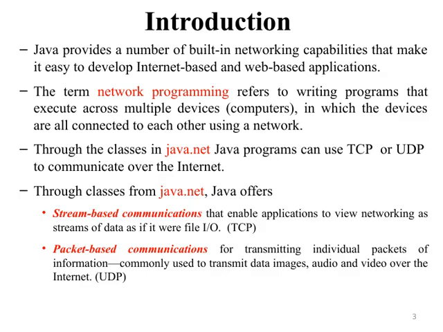On the other hand, UDP offers packet-based communication, which transmits individual packets of data. This is particularly useful for sending images, audio, or video, where speed is often more critical than perfect delivery. Both approaches are essential tools in our networking toolkit, and understanding them helps us build versatile and efficient network applications.